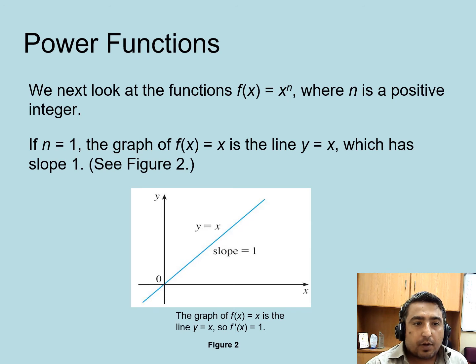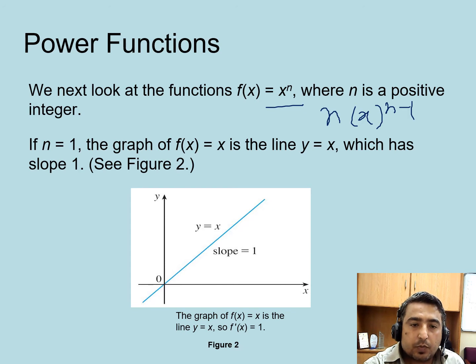And now the power of x, generally when there is an n power, how do you get the derivative of this function? You just bring n as a coefficient, and for x you reduce the power by 1, n minus 1. So this is the derivative of the function.